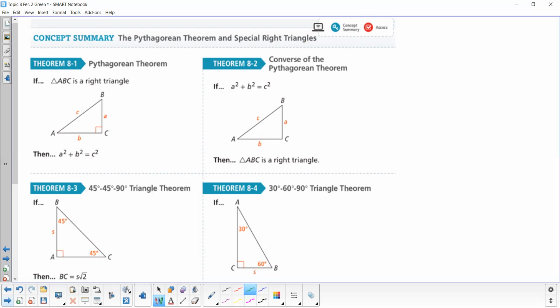But flip that around: if you don't know it's a right triangle, but the sides have that relationship where the two shorter sides squared added together equal the long one squared, then it has to be a right triangle.